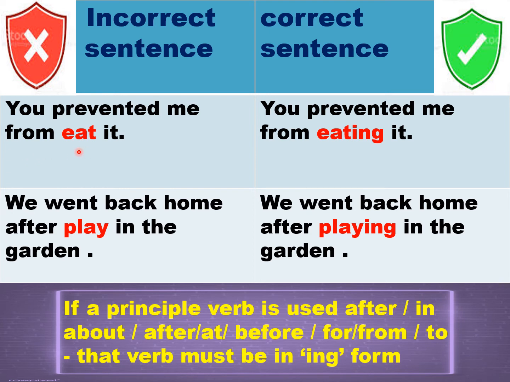These principal verbs come after from and after. See the rule. If a principal verb is used after from and after, that verb must be in ing form. Eat is a verb, play is a verb in these sentences. So eat and play must take ing form. You prevented me from eating it is correct. We went back home after playing in the garden.